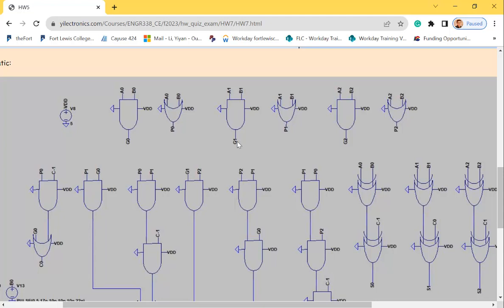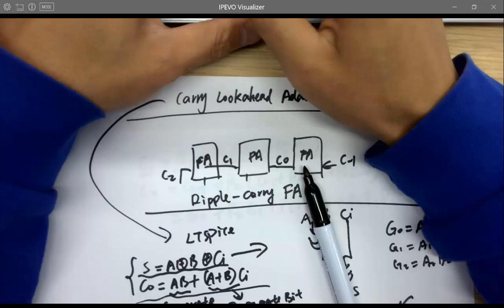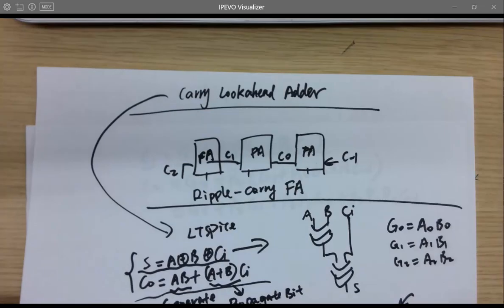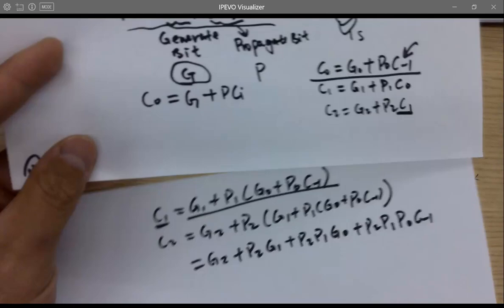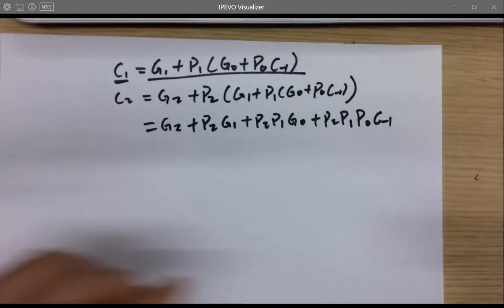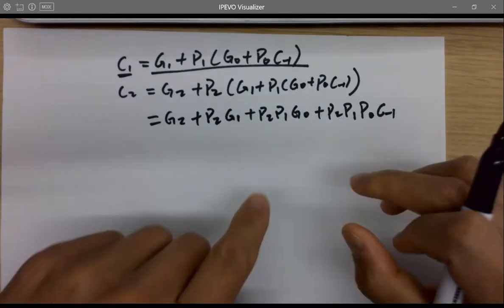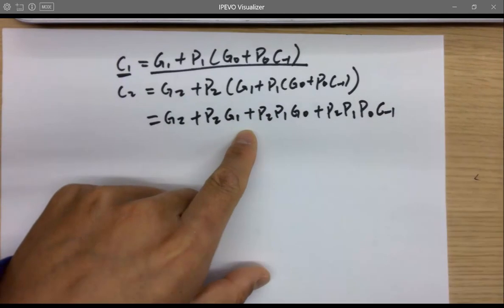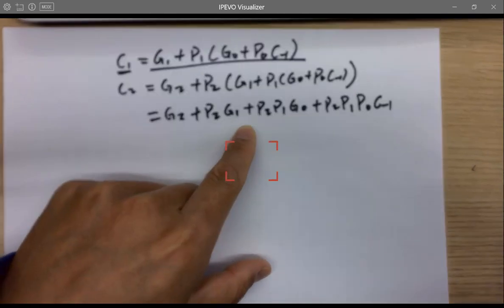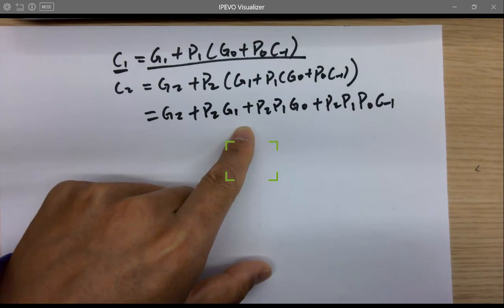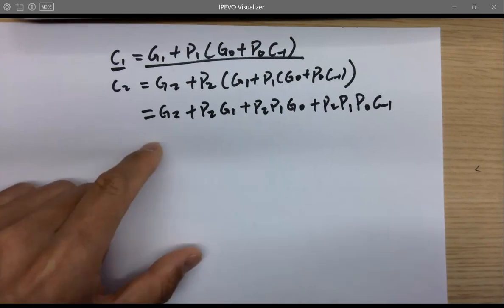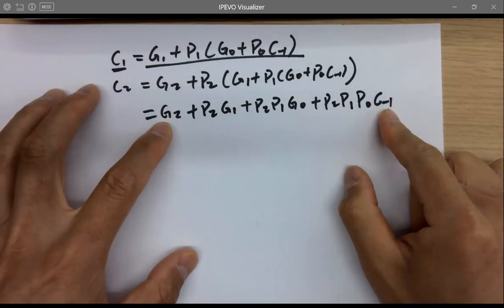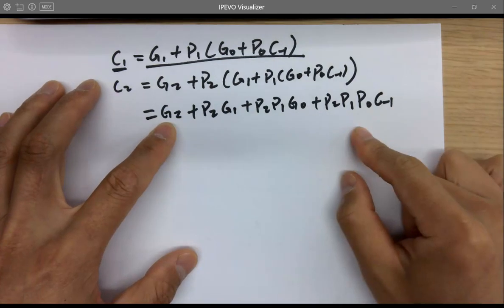Okay, but now let's come back to look at the equation for C2 over here. What are the terms we have in C2? G's and P's. Are G's and P's available at the very beginning?